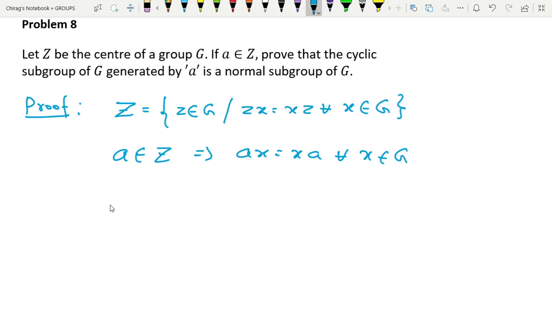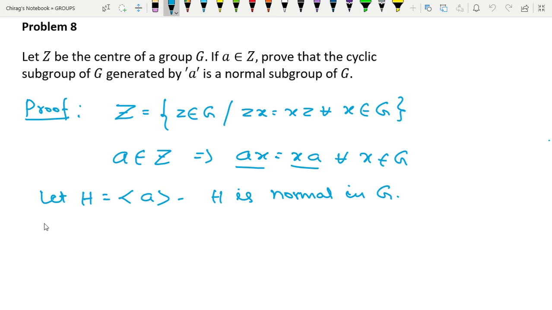Now let H be equal to the cyclic subgroup generated by a. Now we have to prove that H is normal in G. Okay.